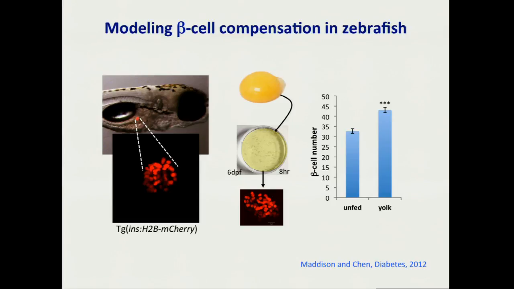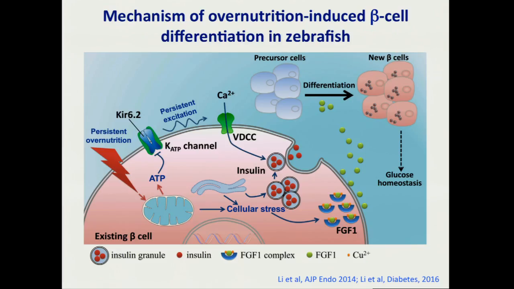Using a number of approaches, including drug screens, transgenesis, and gene knockouts, we just recently published our study on the mechanism of compensation. To summarize, we found that this process requires the insulin secretion apparatus, which is usually induced by nutrients through the ATP-sensitive KATP channel.